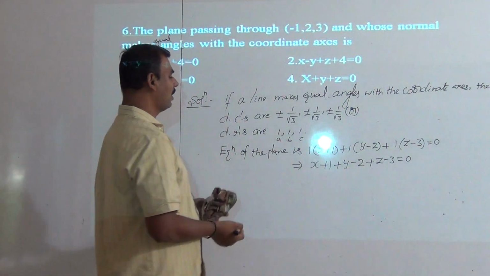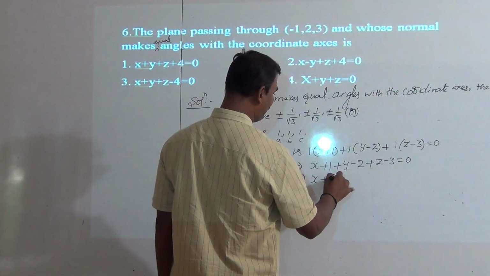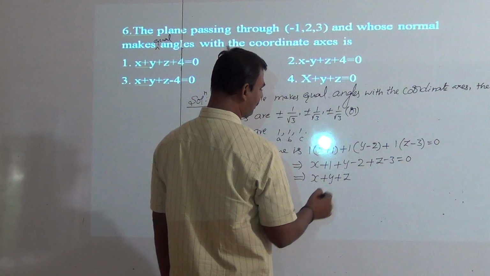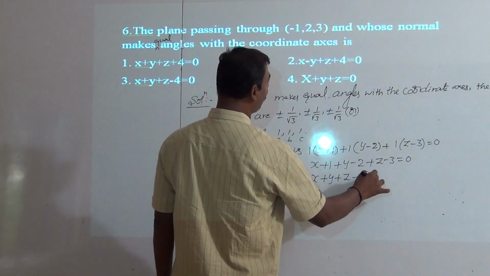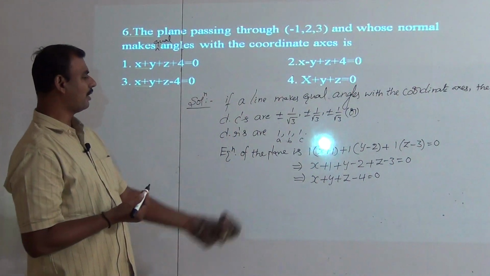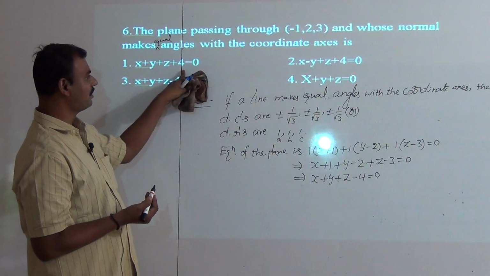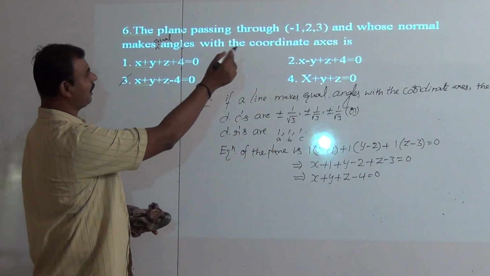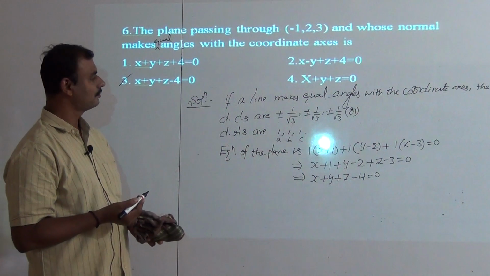The answer will be x plus y plus z plus 1 minus 2 minus 3, that is minus 4, equals 0. Check your options: x plus y plus z minus 4 is there, so the third option is the right answer.